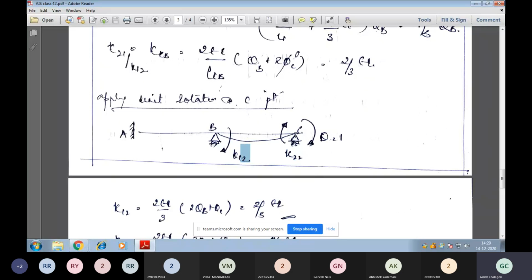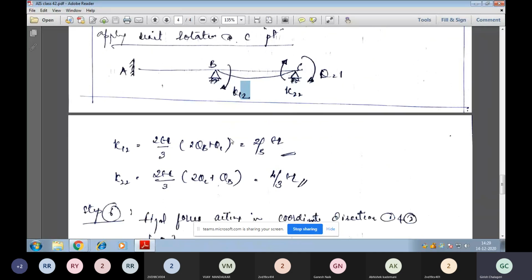Due to the applied unit rotation at joint C, there will be only one deflection, in member CB. So K12 will be nothing but KBA plus KBC.